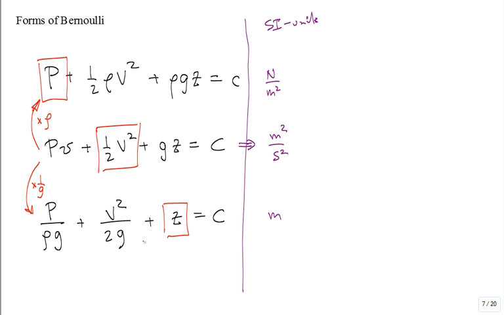Now, each one of these, Bernoulli's equation, is a statement of the conservation of what? Mechanical energy. It doesn't appear to be so obvious that each of these three forms is some energy conservation statement. But probably this one is the easiest to see because you recall that 1,000 meters squared per second squared is a kilojoule per kilogram.